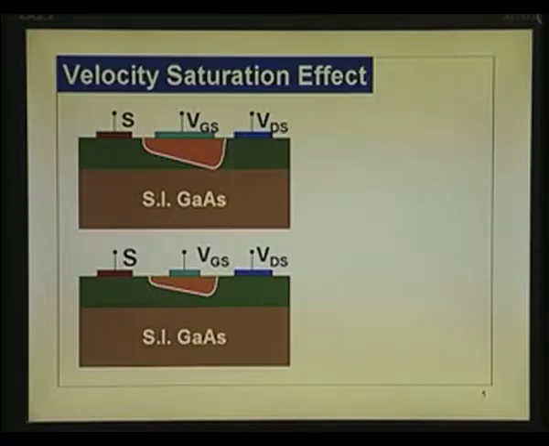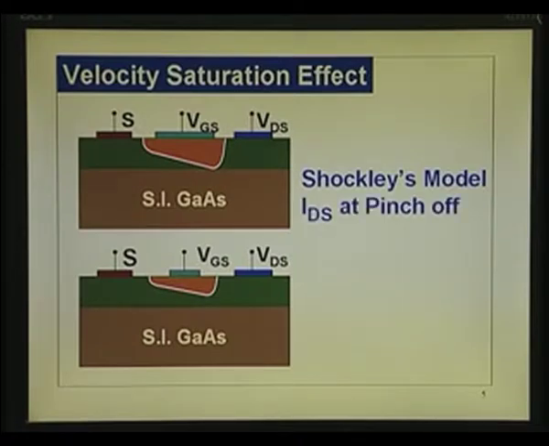Now, let us go back to that. Here, let us examine the two cases. In this case I have drawn the depletion layer, Shockley's model, where I D S saturates at pinch off. Drain current saturates when the pinch off takes place.